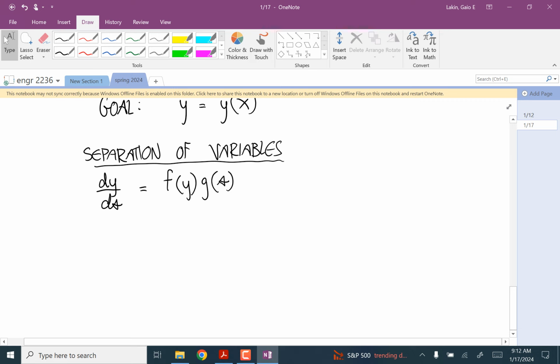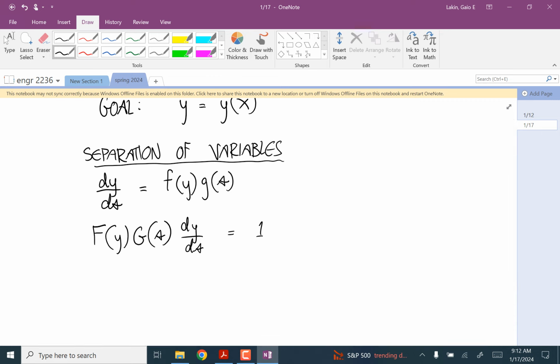And obviously you could write this the same way as, let's call it capital F of y times capital G function of s dy ds is equal to 1. That means the same thing, because 1 over these functions is also a function. You might have to deal with some zeros, some places where it becomes undefined, but there'll just be a finite number of those you can deal with. So these are basically the same thing.